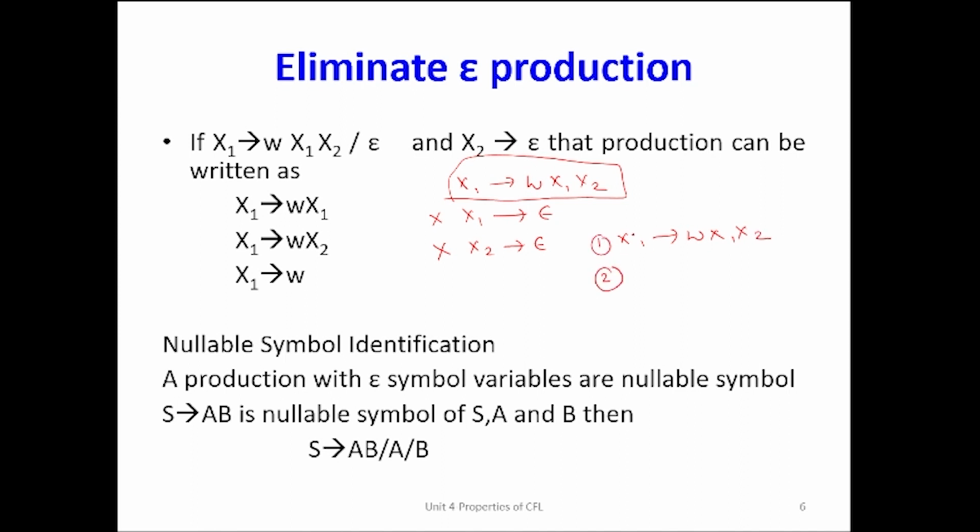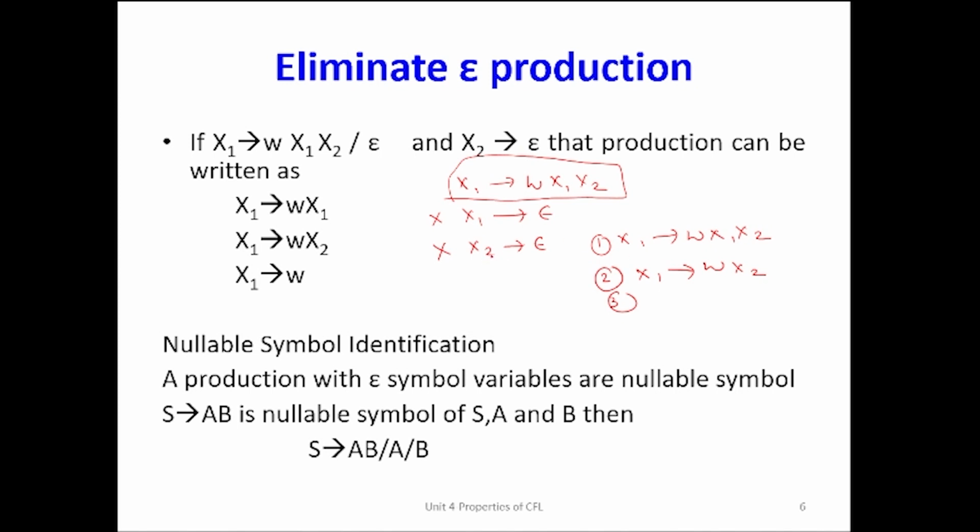For the second one, I substitute X1 as epsilon on the right side of the production. Epsilon is an empty symbol, so W epsilon X2 is only W X2, and the left side non-terminal is X1.